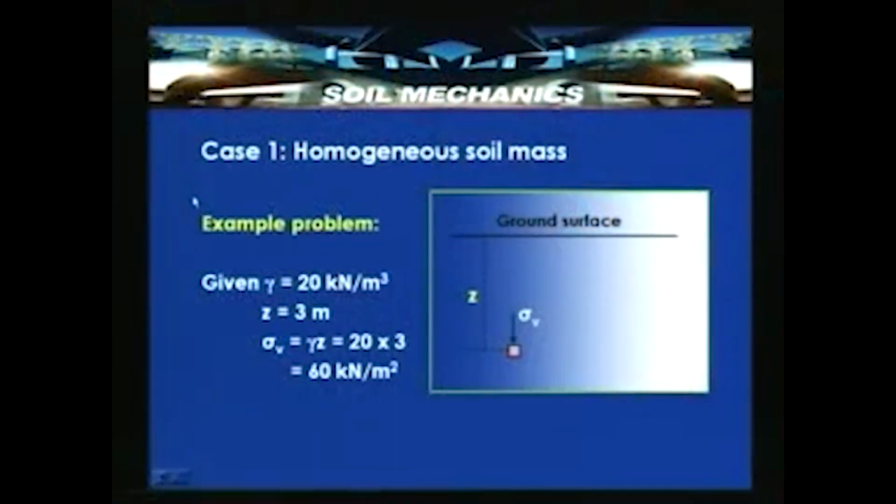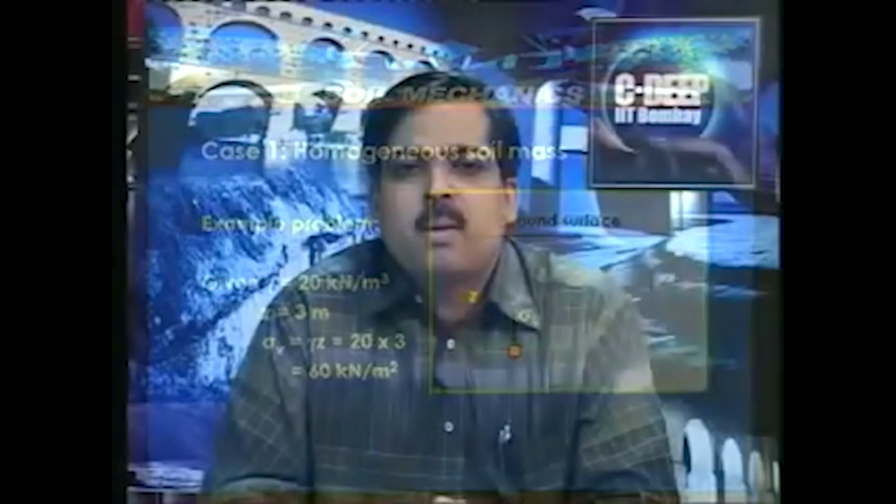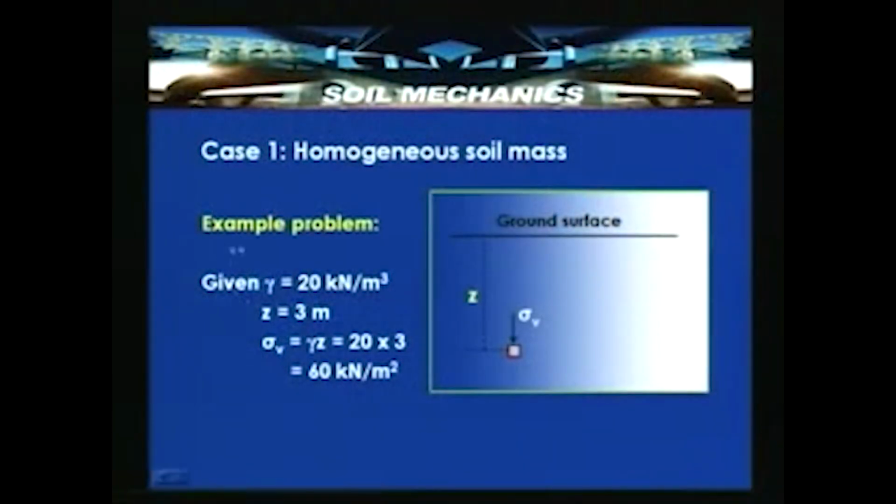The homogeneous soil mass. So, let us consider a small example problem to demonstrate how this can vary and how it can be computed. So, take a simple case. In this problem, the unit weight of the soil is given as 20 kilonewton per meter cube.